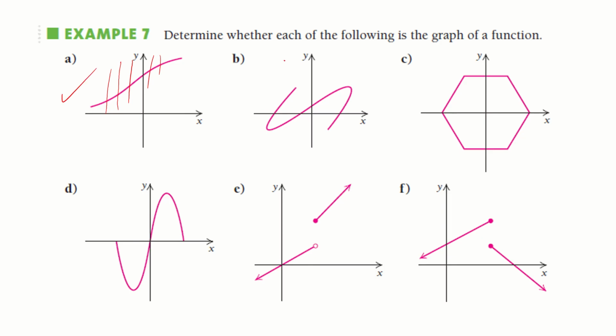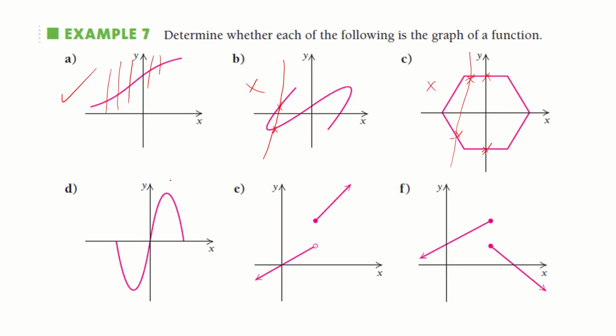Whereas in this case, if you draw a vertical line, it is crossing the graph at more than 1 point, so it is not a graph of a function. The same story here. If you draw a vertical line, it will be crossing the graph in more than 1 point, this point and this point. Even the y-axis is crossing the graph at more than 1 point. So again, it is not a graph of a function.